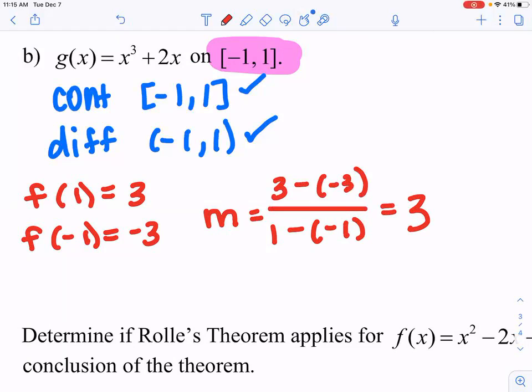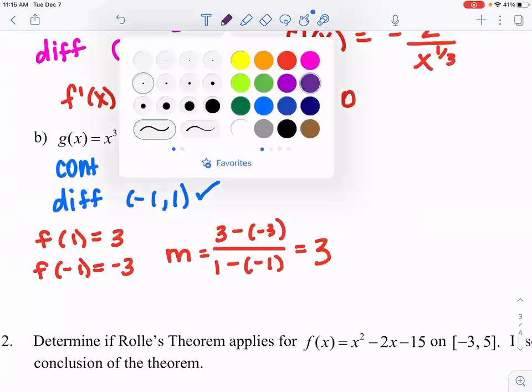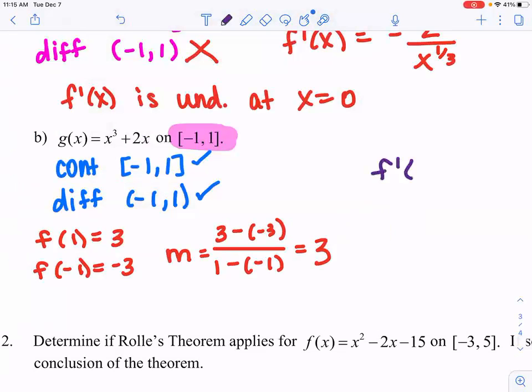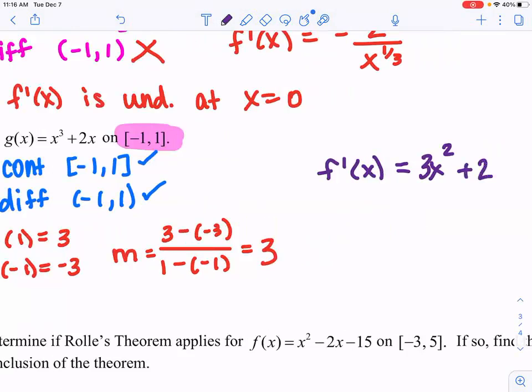Okay, so we have our slope. Now we need our derivative. Cole, what's our derivative? Okay, and we want to know where our derivative 3x squared plus 2 equals our average rate of change 3.